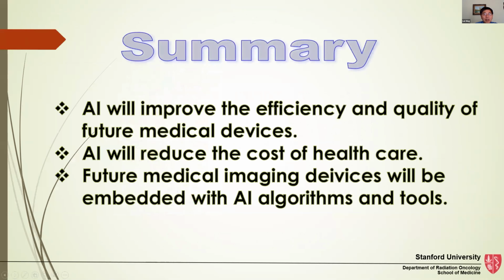With that, I'd like to summarize. I think AI will improve efficiency and quality, and also reduce the cost of healthcare. Just think about how expensive a human is for treatment planning.